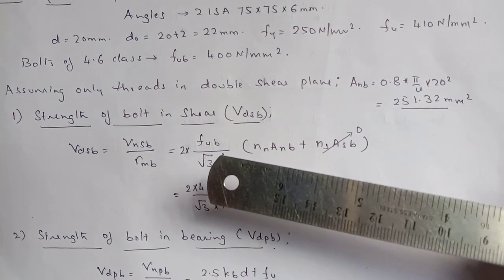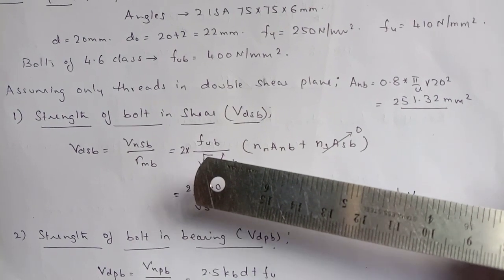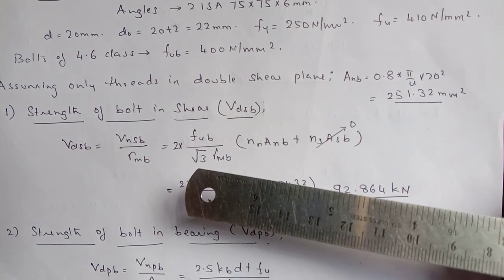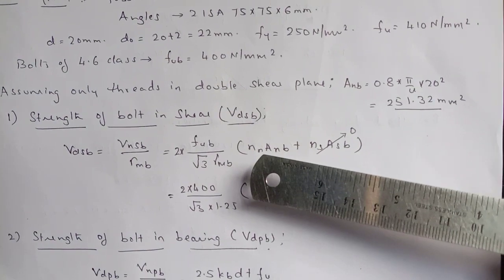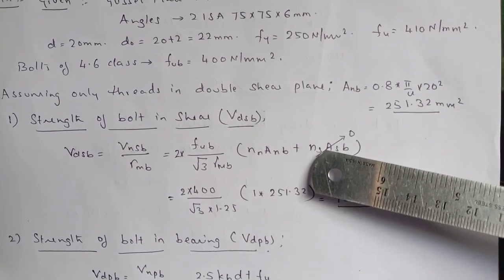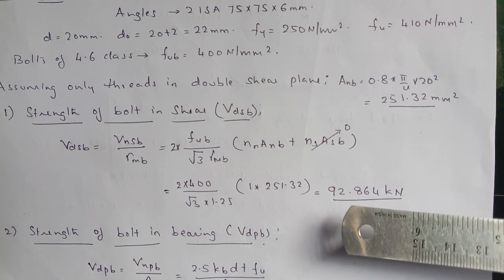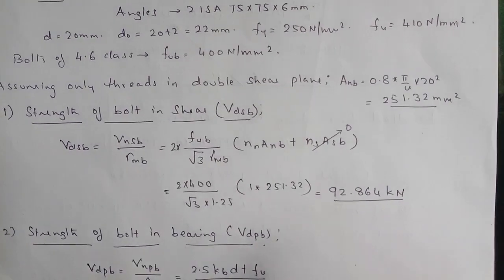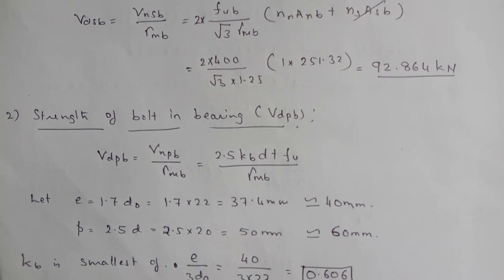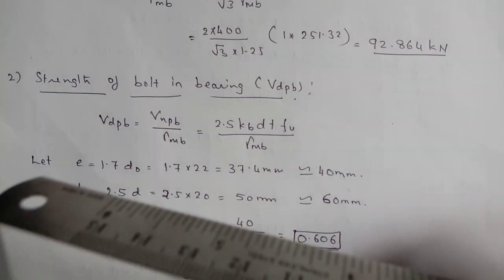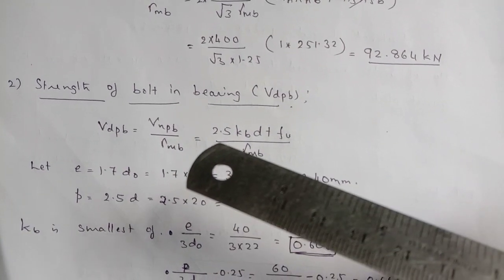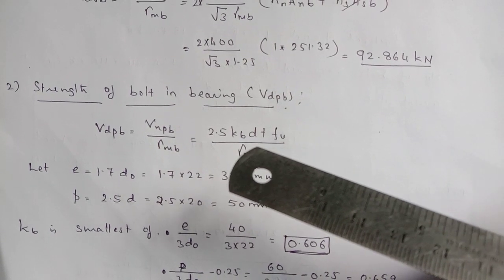It is a two-way shear or double shear actually. So 2 into fub divided by root 3 into gamma mb, into Anb plus nsasb tend to 0. So upon substituting we get 92.864 kilonewton.